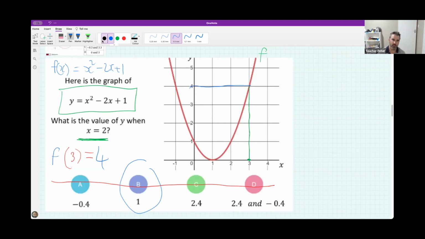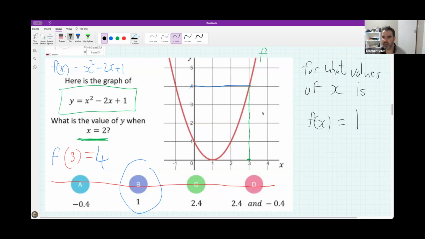What if I said to you, for what values of x is f of x equal to 1? How can I make this exciting? So you need to tell me what values of x make f of x equal to 1.